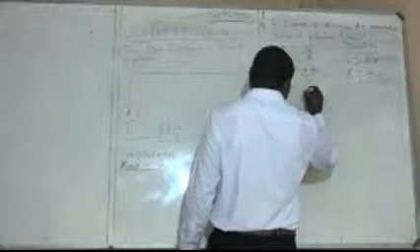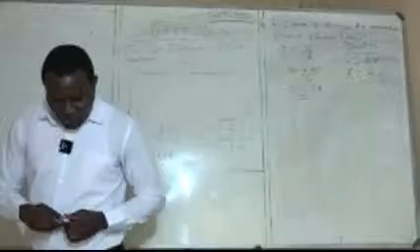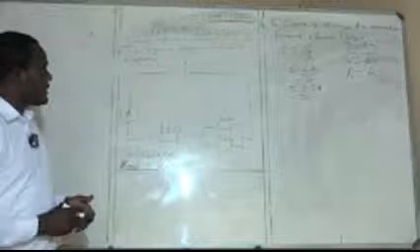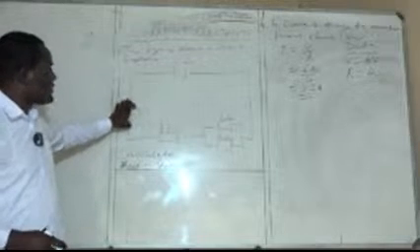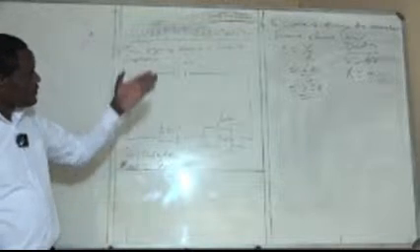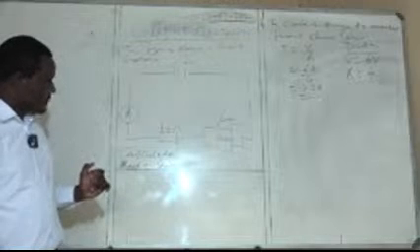Please take note. You must be very careful when it comes to indicating the units. So that is the current through the ammeter, meaning this is the current that will pass through the ammeter here. So that is the answer, 1.5 amps.